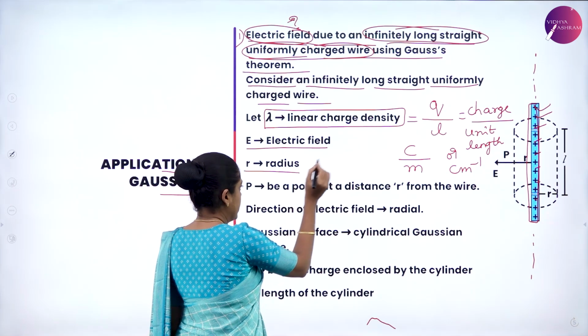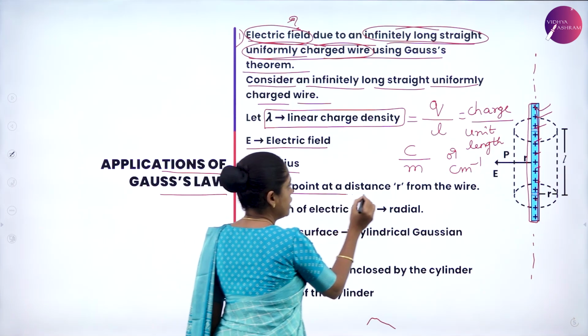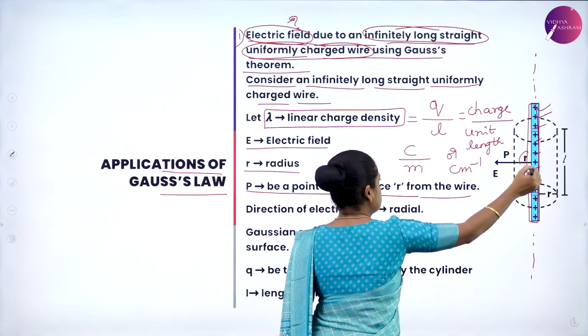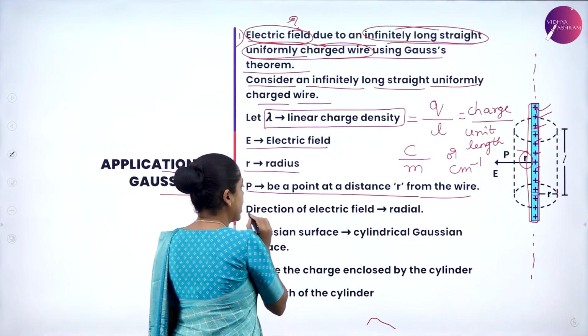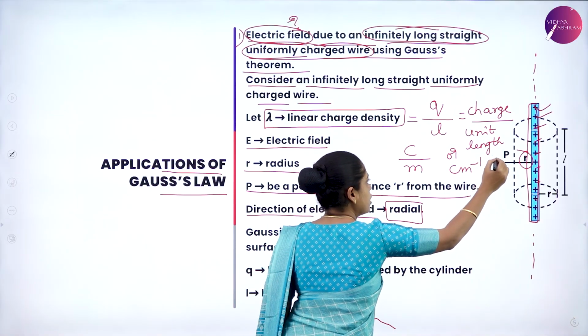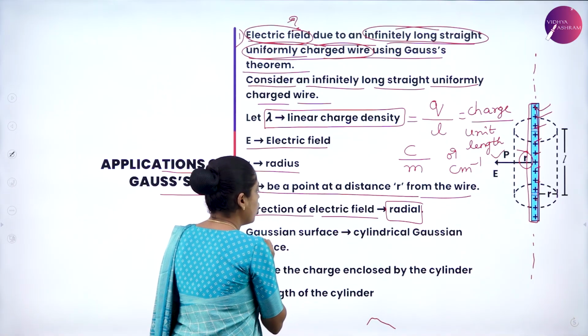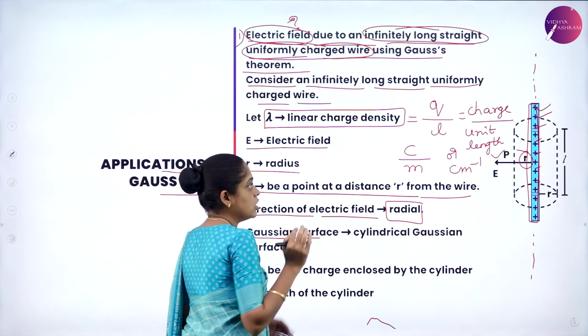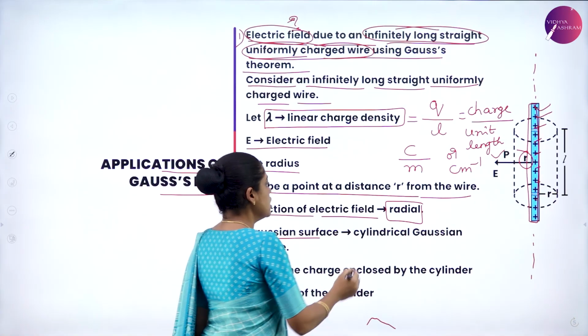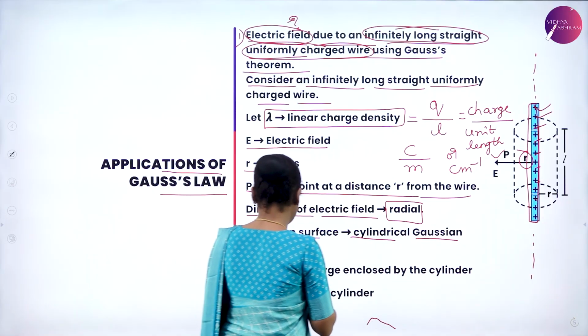R is the radius. P is a point at a distance R from the wire, as in this picture. And the direction of electric field is radial, you can observe here. Then Gaussian surface. The suitable Gaussian surface to apply the Gauss law is a cylindrical Gaussian surface.